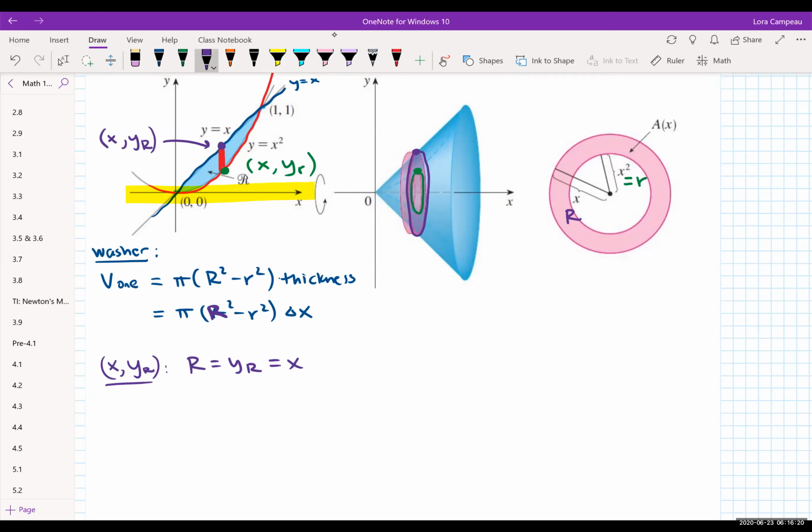And if this is the case, we'll do this one more time with the other point. Notice that this is the lower point of the curve. This y value is smaller on this cross section. So if we're looking at x comma y lowercase r, that's the only reason why we denoted them this way. We just try to understand, what is this r? You've got to write it in terms of x or y.